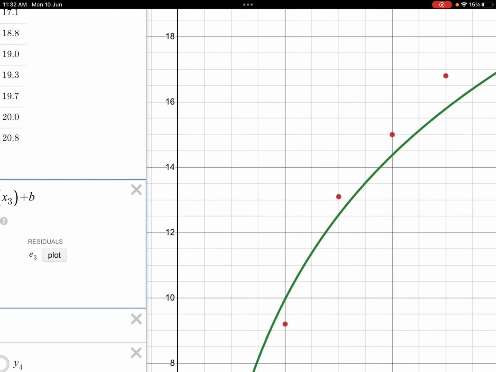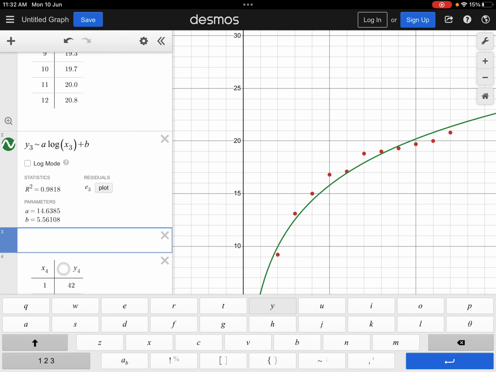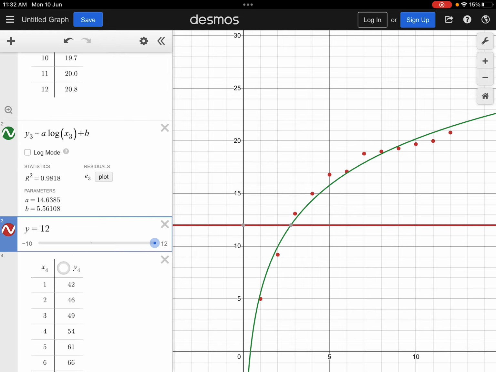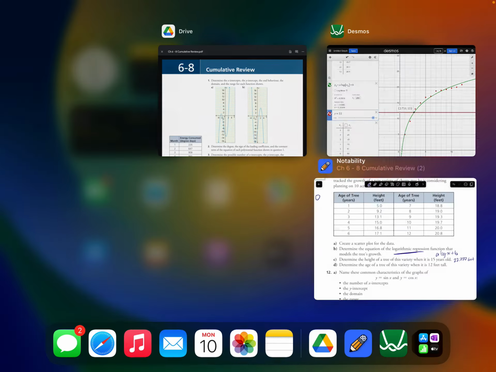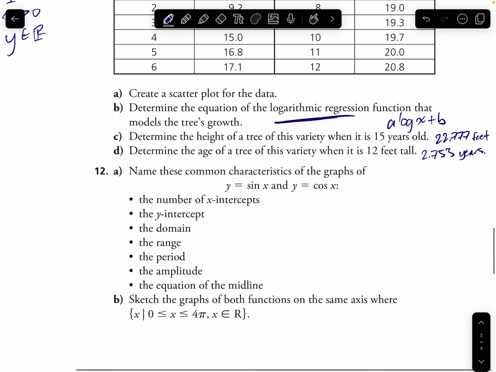Oh, it's not showing me. Okay, I actually do have to type it in. Y equals 12. 2.753 years old.